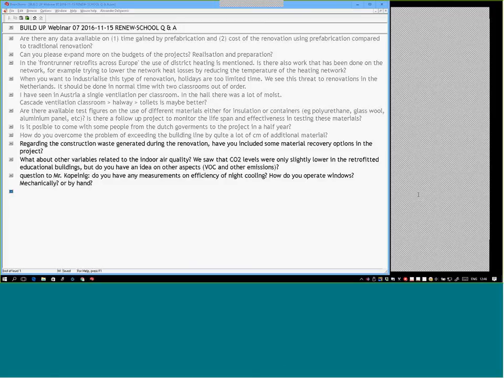This is a very relevant question, and of course we would like to have it. I made a point in my presentation that originally we didn't plan any measurements in the project, so we are happy to have some. And of course, it's relevant to find whether the VOC levels in the classroom meet the recommended levels.